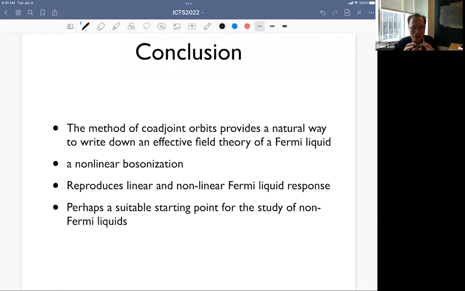It managed to reproduce all linear and non-linear Fermi liquid response at zero temperature, and perhaps it's a suitable starting point to study non-Fermi liquids. We can imagine coupling this bosonic action to a U(1) gauge field and try to understand the behavior of this theory in the infrared. Thank you very much for your attention.